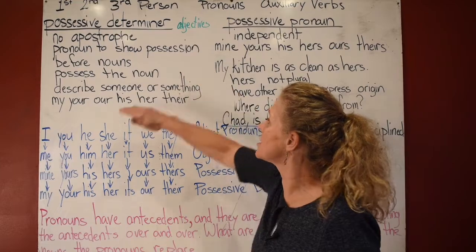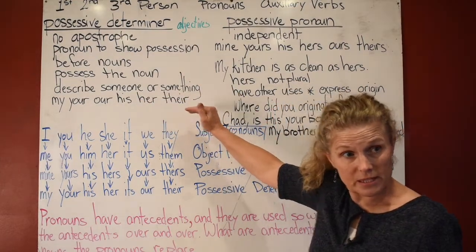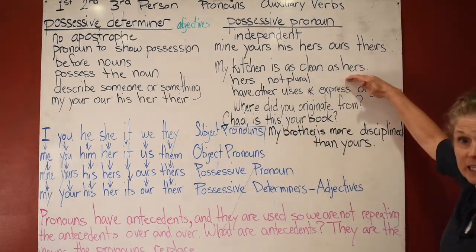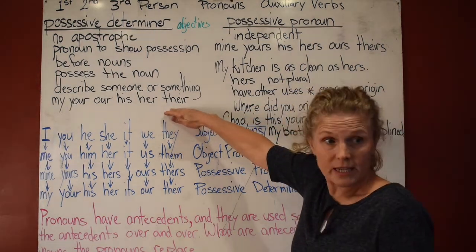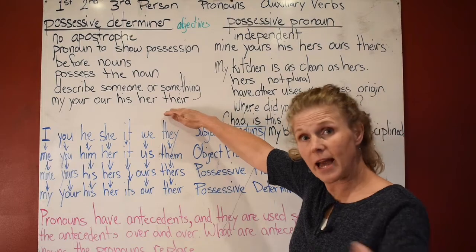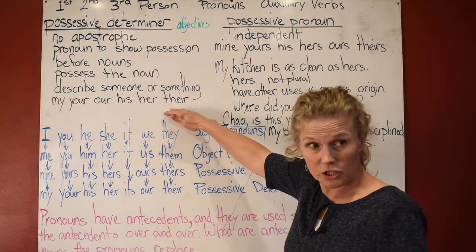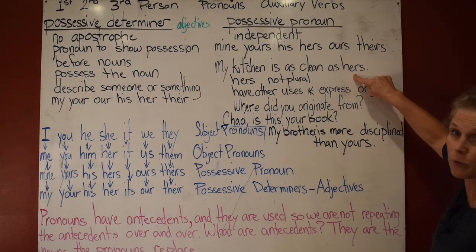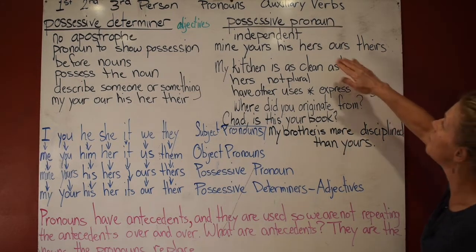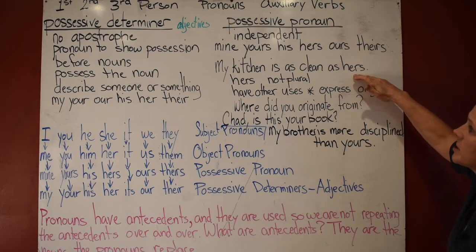This right here is describing. See the difference? This right here is sitting in a noun position. Right here, these don't sit in the noun positions. They sit in an adjective position, right? Okay, can you see the difference? Now this is sitting in a noun position. So possessive pronouns sit in a noun position.